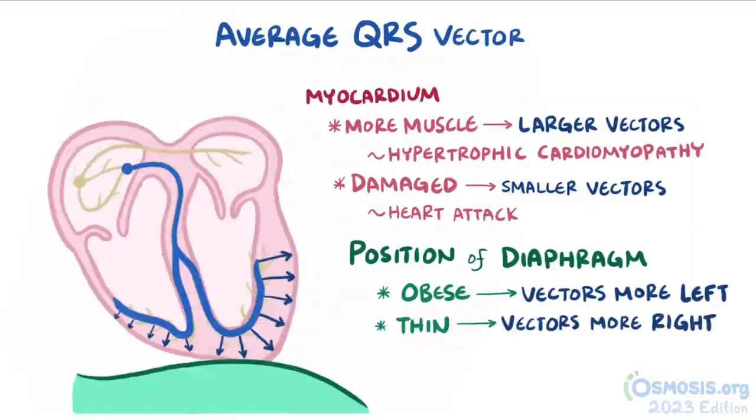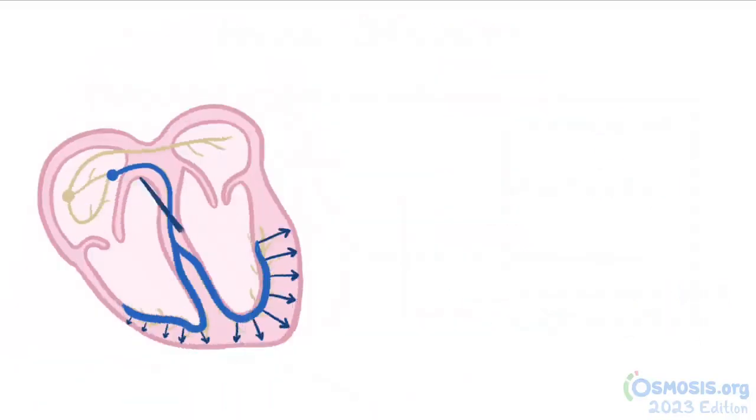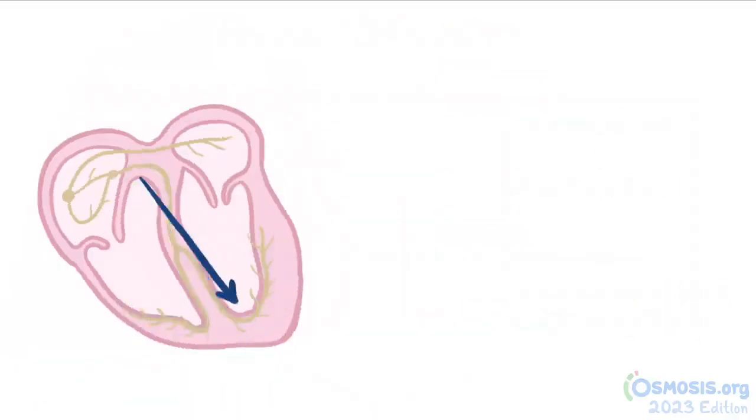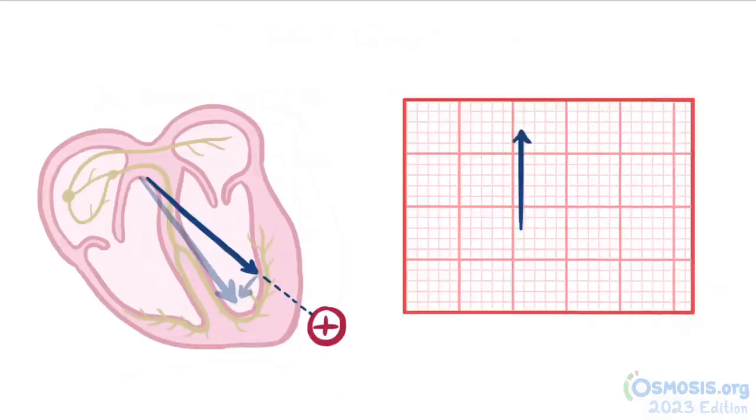When everything's taken into consideration, all of the individual vectors are added up, and then there's one overall representative vector arrow, which starts from the AV node and points in one direction through the ventricles. Now, remember that vectors can be broken down into two perpendicular vector components. So if you look at the component that points at the positive lead electrode, that's what gets recorded on the ECG.